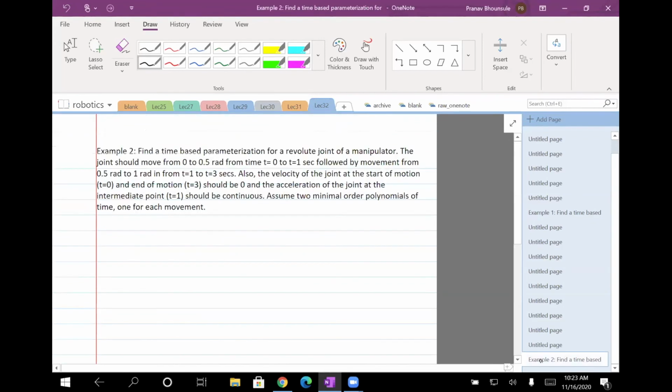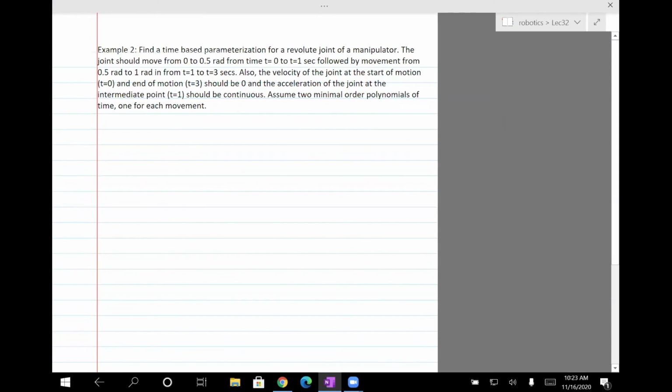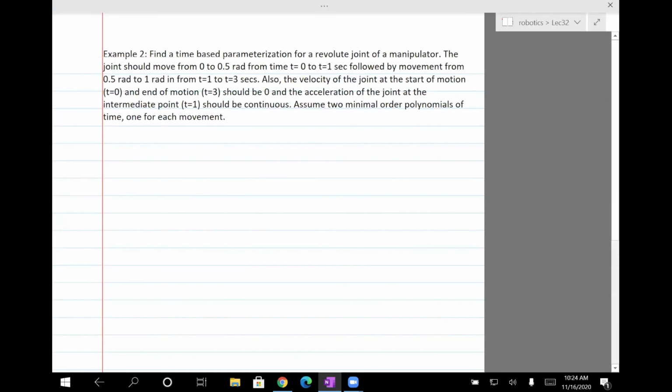Okay, next problem. Find a time-based parameterization for a revolute joint of a manipulator. The joint should move from 0 to 0.5 from t equals 0 to 1 second, followed by movement from 0.5 to 1 from t equals 1 to 3 seconds.